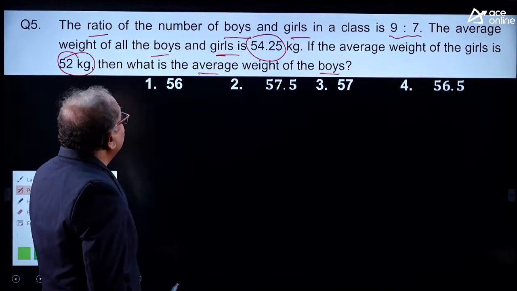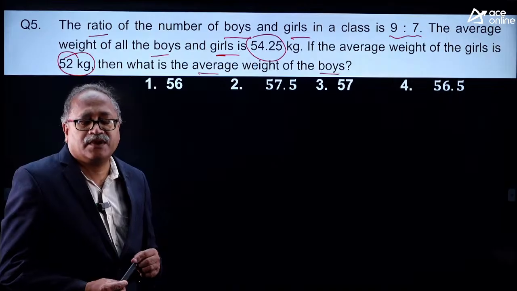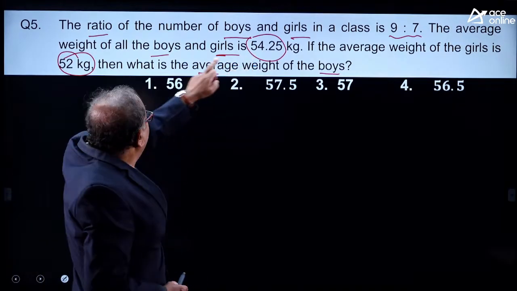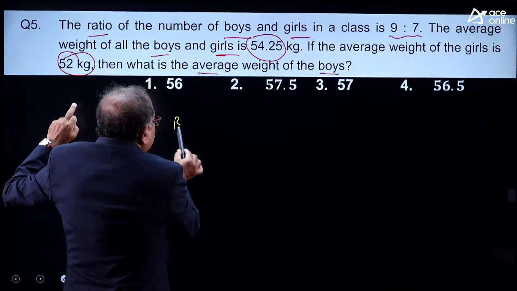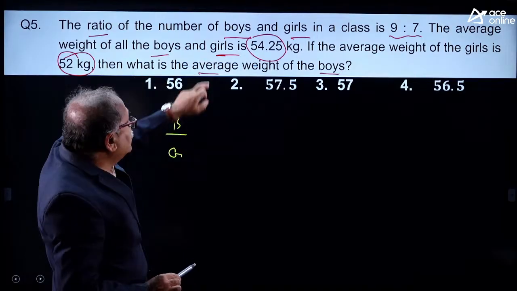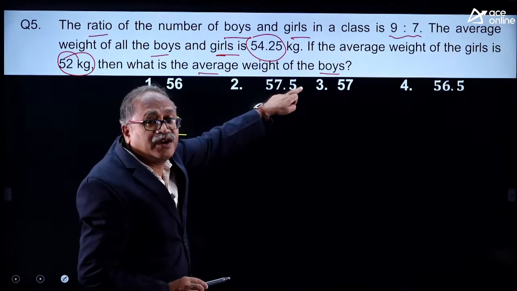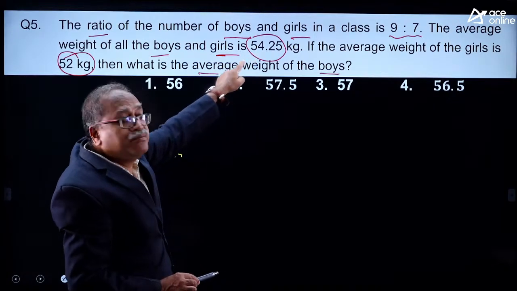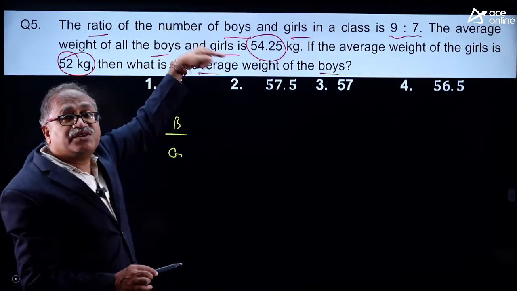What I do here is put it in the alligation mixture method. So, 54.25 is the overall average, and 52 is the smaller one. Let us go for boys by girls over here. If I consider the average of the boys as x, which I have to find out, then x must be greater than 54.25, because the girls' average is less than 54.25, so the boys has to be greater.